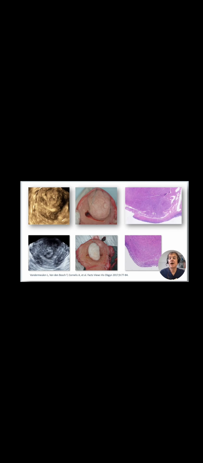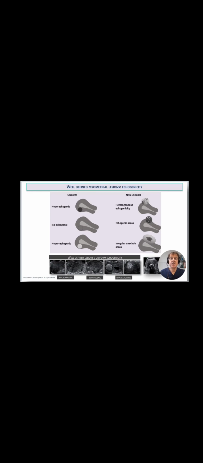Starting with well-defined lesions, according to the MUSA criteria, we have to report the echogenicity, and the echogenicity for fibroids may be, well, whatever. It might be uniform or non-uniform, hypo-, iso-, hyperechogenic, heterogeneous, may have echogenic areas inside, calcifications, or irregular anechoic areas inside the lesion too. So that's possible for a fibroid.